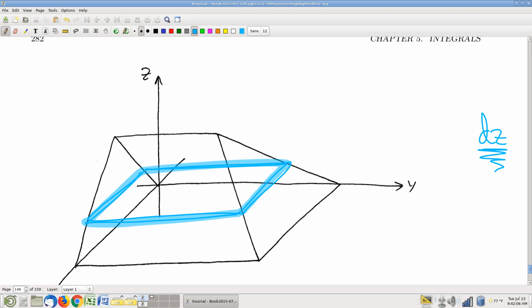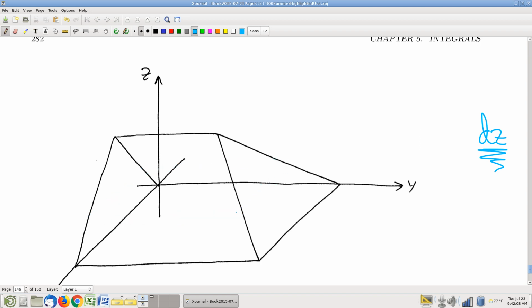I will point out, if it had been a slightly different solid, let me redraw now to make a different solid. Let's suppose that this plane were not parallel to the x-axis, as in this case it was. Let's consider, what if it were something more like this?